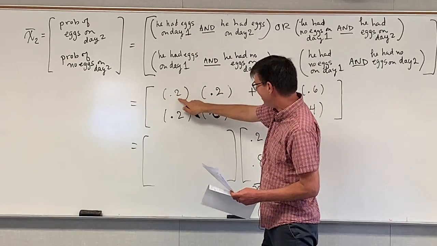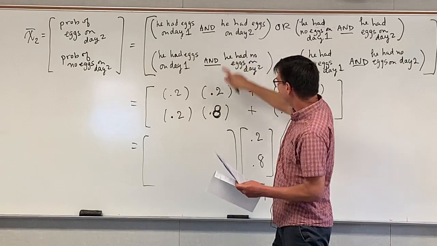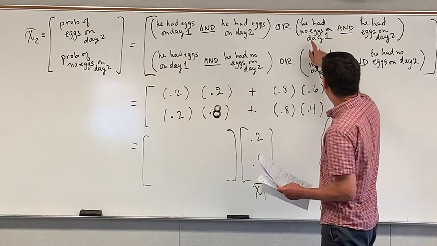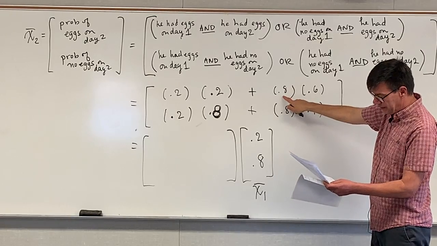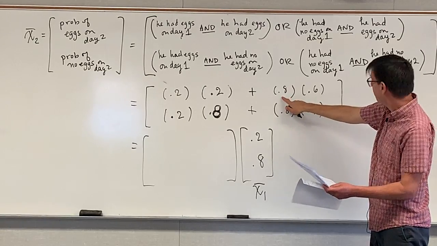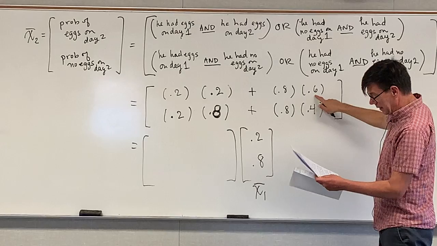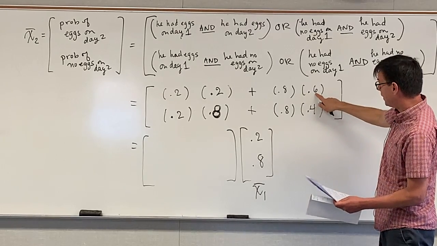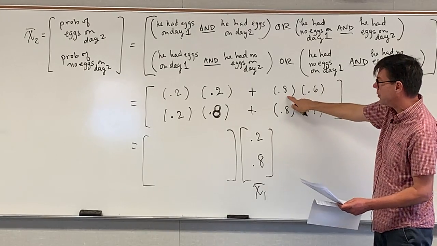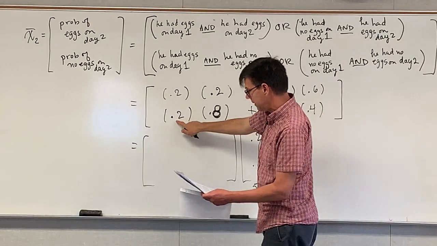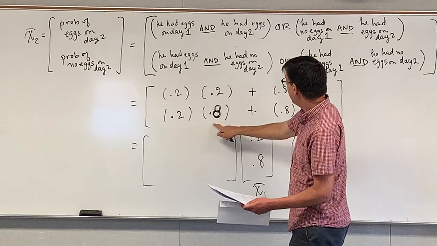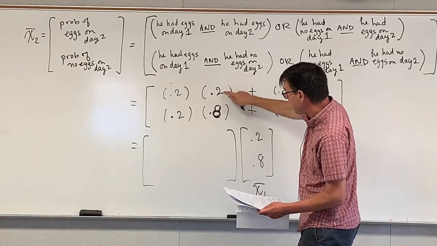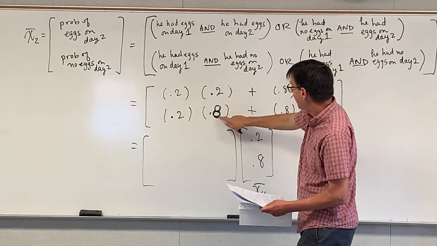So he had eggs on day one. Then we know it's 0.2 for eggs on day 2. If he had no eggs on day 1, the probability of eggs the following day is going to be 0.6. 0.6 is the probability of eggs after no eggs. If he had eggs the first day, the probability of no eggs is 0.8. These two go together, right?